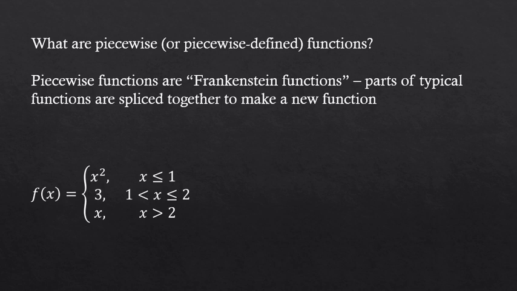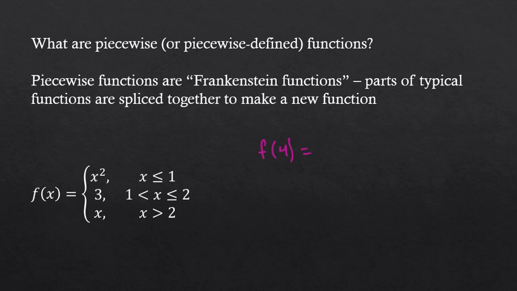Just to get some basic practice evaluating these piecewise defined functions, if we wanted to know what is f of 4, you would look at the x value that you're given, and you have to find the piece such that the x value satisfies that inequality.